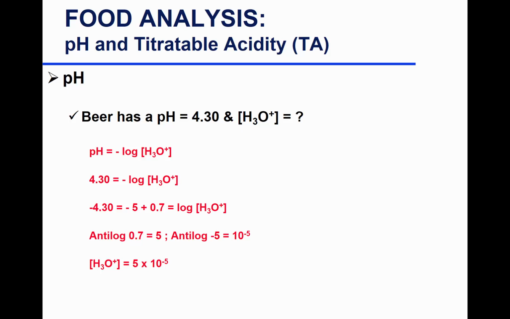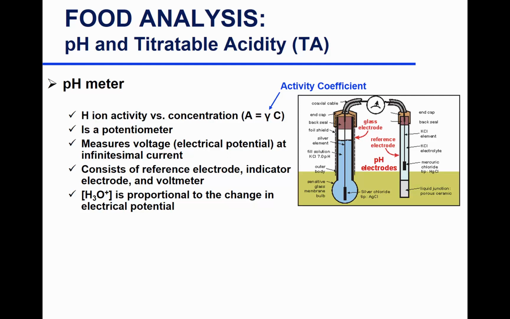Okay, all right. So, in the lab, you're going to use a pH meter to determine pH, to determine the endpoint of titration, to determine total acidity. This is a very superficial introduction to the pH meter.